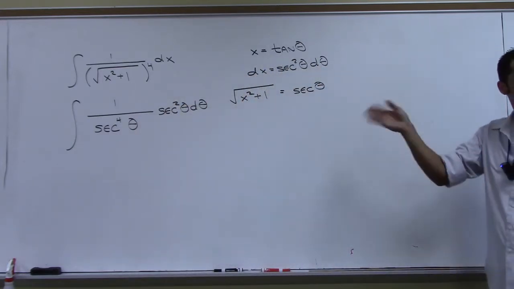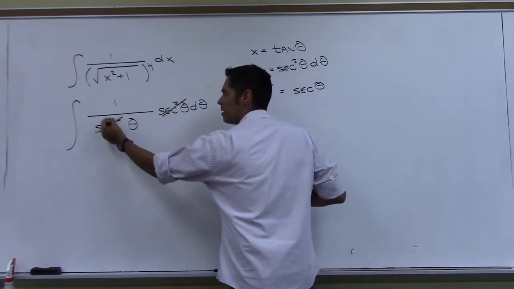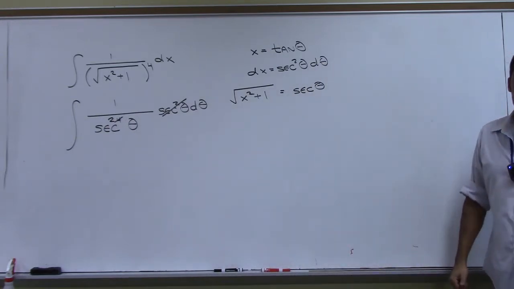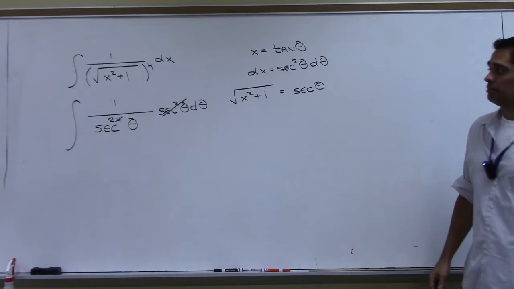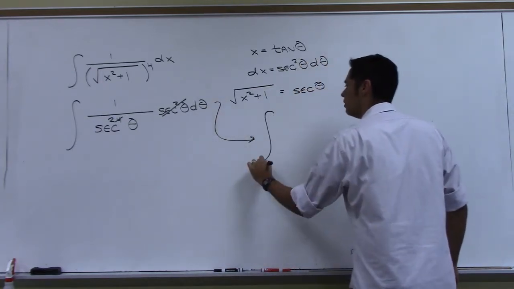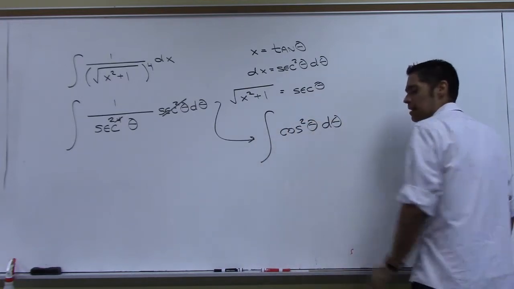And your secant squared and your secant to the 4th, that goes like this, and you got a secant squared there now. What's 1 over secant squared? Cosine squared. So this integral is now integral cosine squared theta d theta.